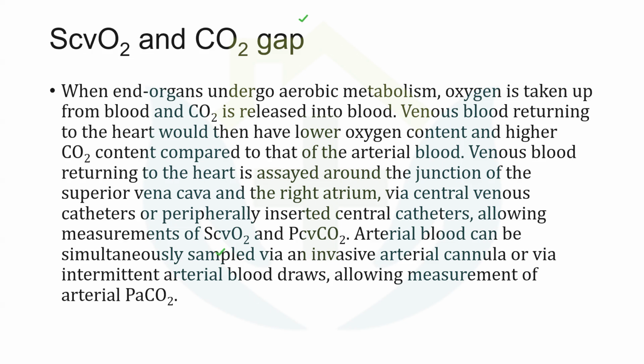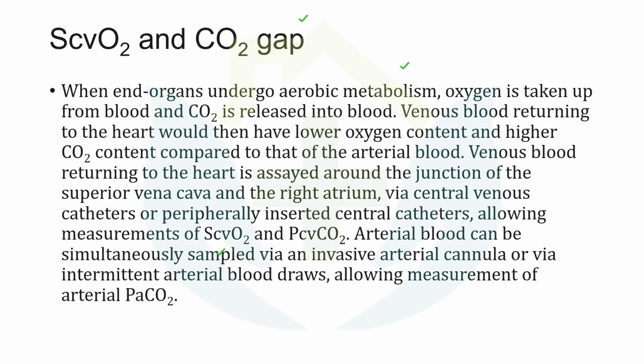And another thing, we have to take a central line for a shock patient. We usually do the central line, and also we do invasive arterial line monitoring. So we have to take a venous sample from the central line. In that venous sample, the VBG, the PCO2 level is PcvCO2, the partial pressure of carbon dioxide in the central vein.